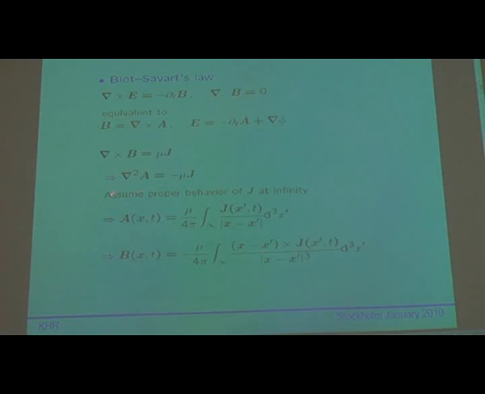And you can solve it assuming that the current behaves properly at infinity, and you can write the solution of this equation in this form. And if you take the curl of this, then you arrive just at Biot-Savart's law, which allows you to calculate B from the current distribution in this way.